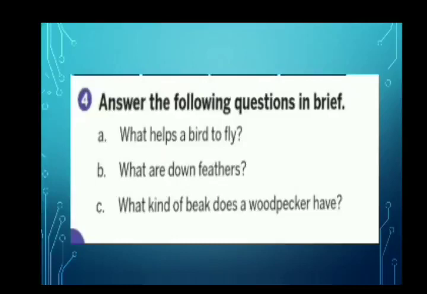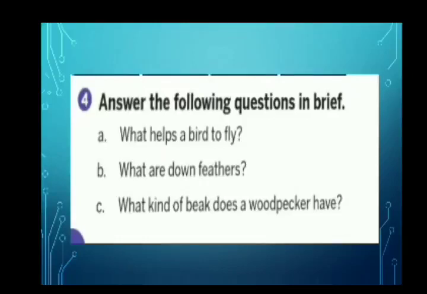We have also learned that their bones are hollow and their body is very light. So these are all features we have learned. Out of that, any 2 points we are going to write down as our answer.